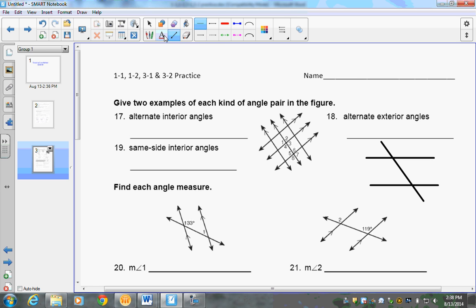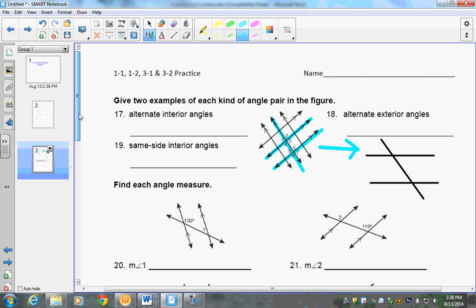For example, if I take my highlighter, let me choose blue, and decide to use these two as my parallel lines and this as my transversal, there are my 8 angles, which is very similar to this. It's the same type of setup, except it has a lot more lines, so don't get confused with that.